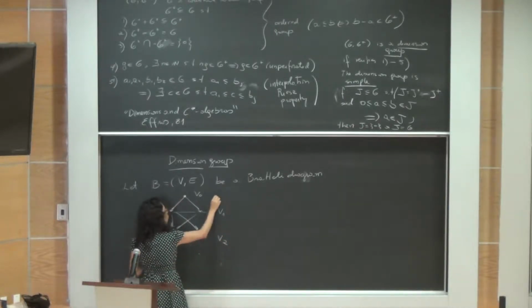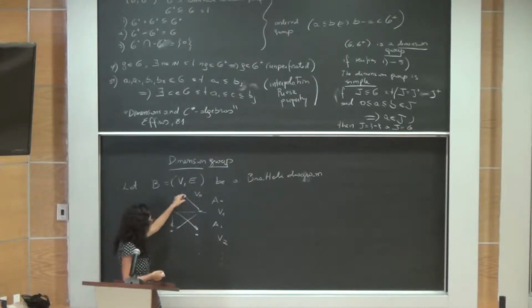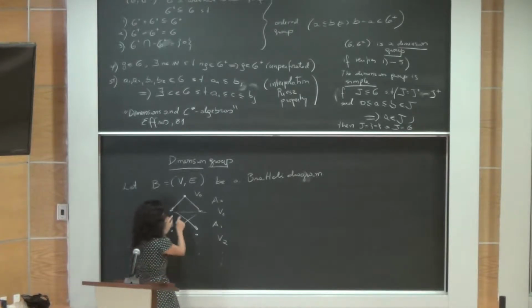Okay, and here we have some matrices. So we have these sets of vertices Vn and the incident matrices An. So when we have this, we can see the following.